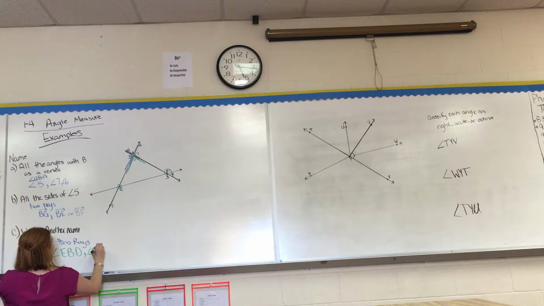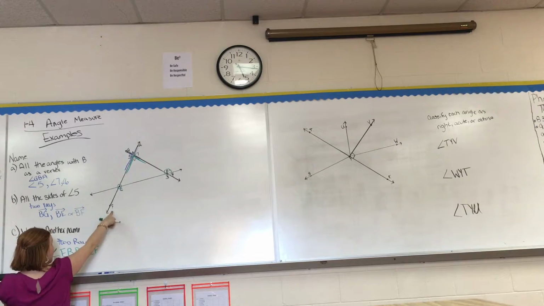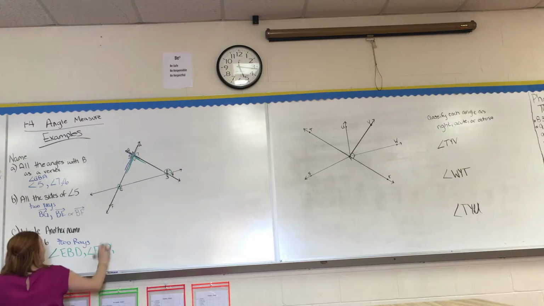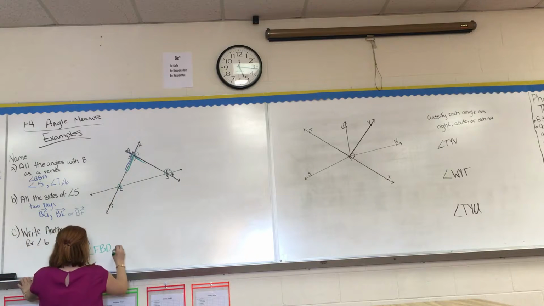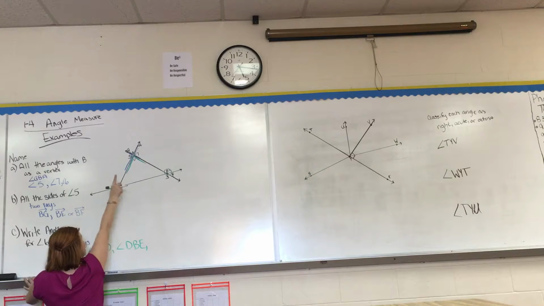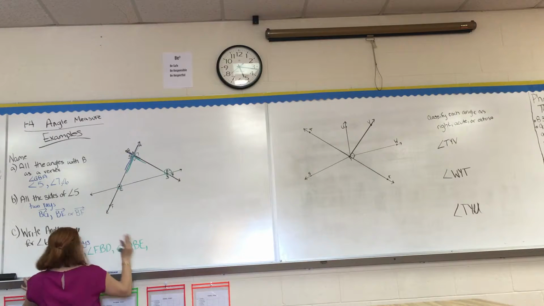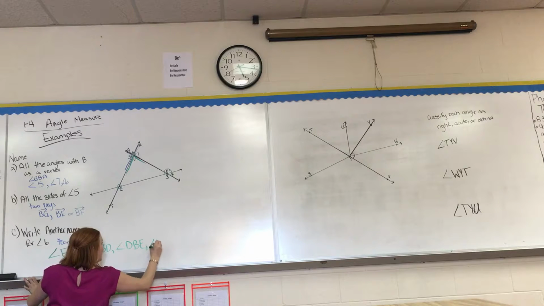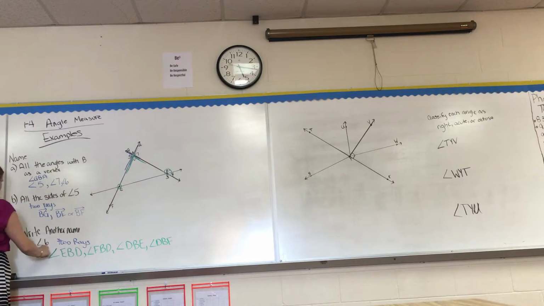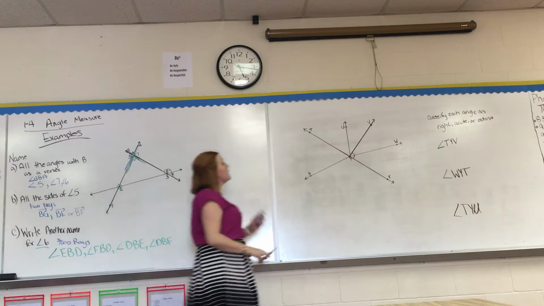You can have angle FBD, because F is down here. You could do DBE, going the other way. So DBE is okay, or DBF is also fine. I don't care which one you do. They're all the same. They're all angle 6. They are all different names.